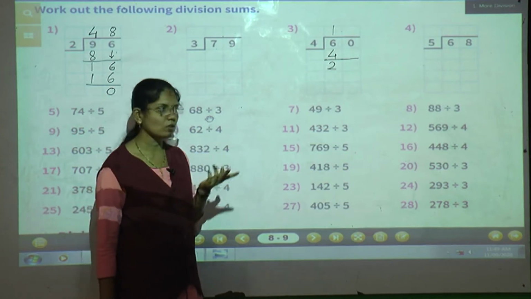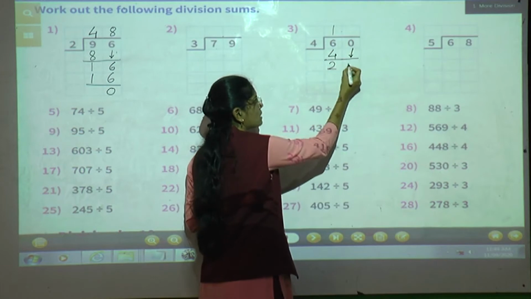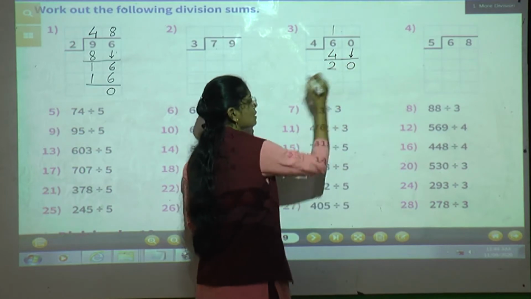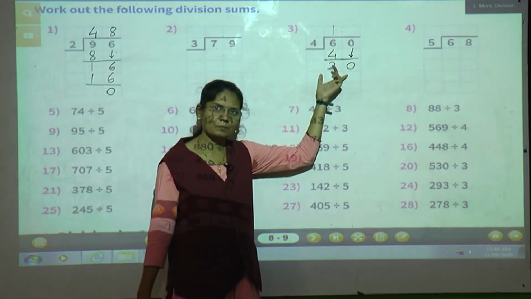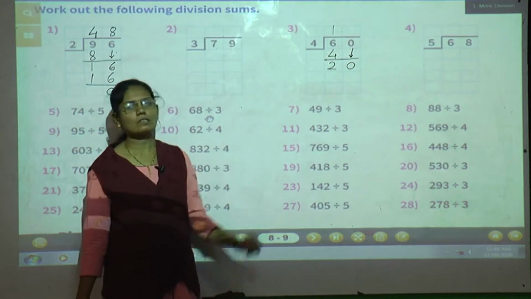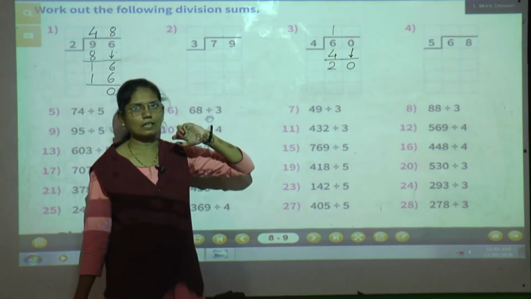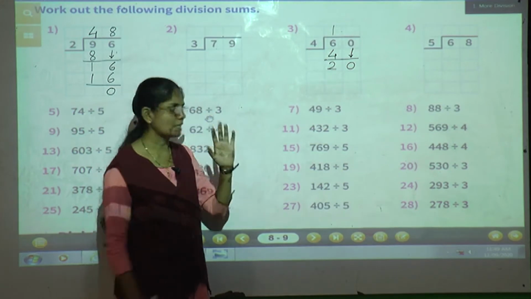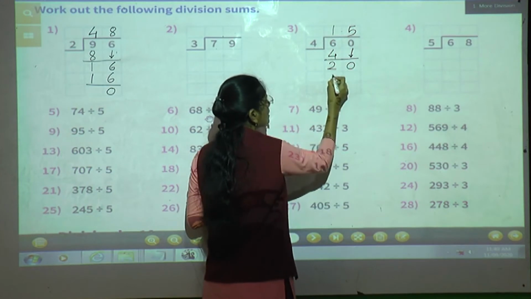In step 2, we have to take this next number down here. Here at ones place 0 is there. So this 0 will come down. Okay. Now here we have 20. Now in 20, how many 4s are there? There are 5, because 4 5s are 20.